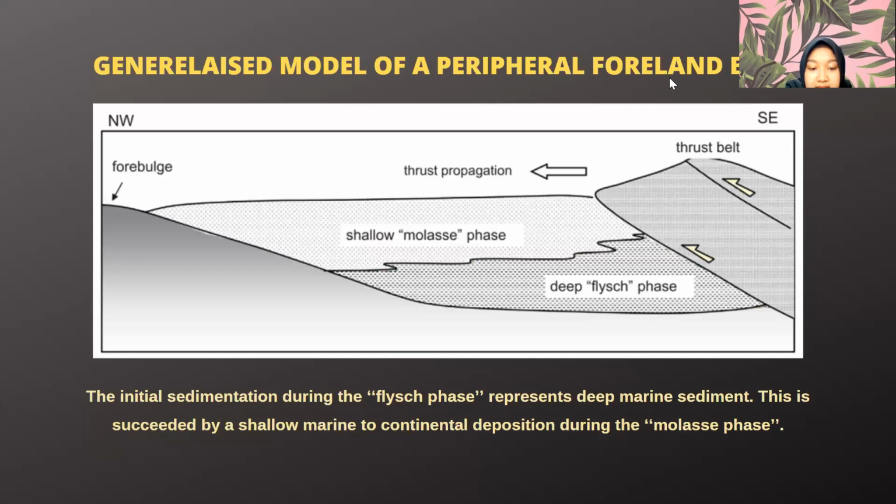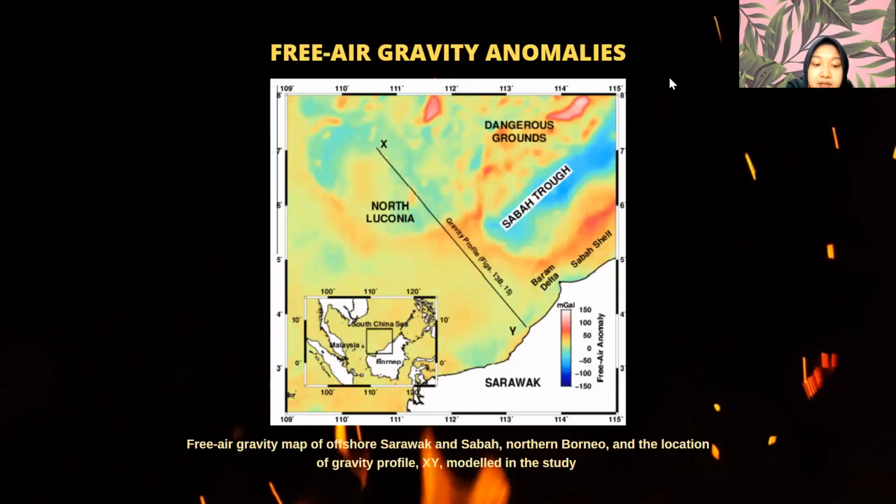Also, this is the generalized model of a peripheral foreland basin caused by a propagating thrust belt, which may apply to the Sarawak Basin. And next, free air gravity anomalies are a useful indicator of the subsurface density structure of the crust and therefore potentially useful for testing hypotheses regarding the tectonic evolution of continental margins and also sedimentary basins.